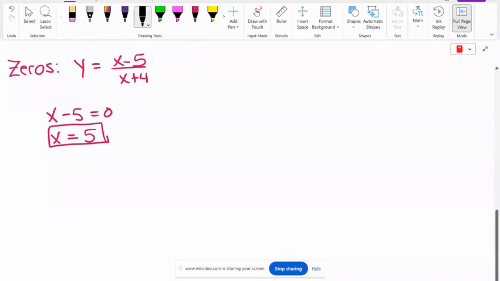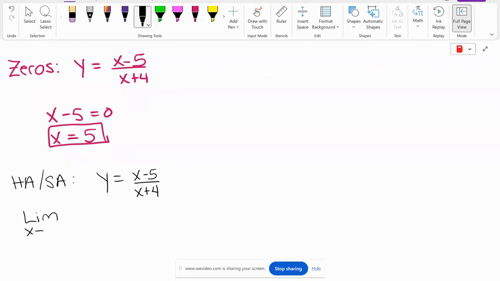Now we're going to talk about our horizontal or slant asymptote. And again, we're using our simplified version. We're going to take the limit as x approaches plus or minus infinity. And then we take the most influential on top, which is x, over the most influential on the bottom, which is x. What does that simplify down to? 1. So we are going to have a horizontal asymptote at y equals 1.